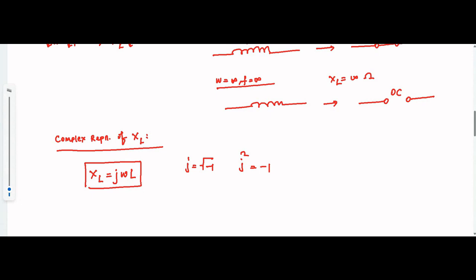The voltage drop across the inductor is given by I XL, which is equal to I into J omega L, or J I omega L. So we can write it as J VL. The voltage drop is in the plus J axis.